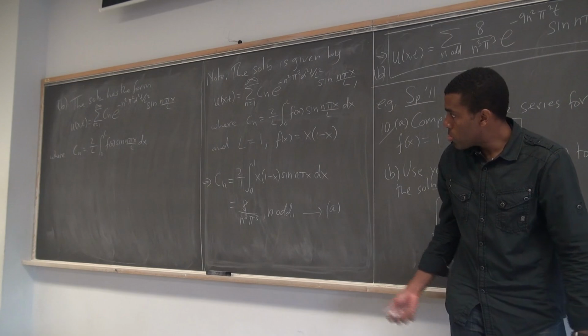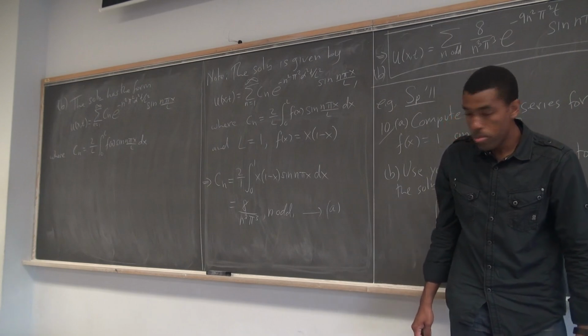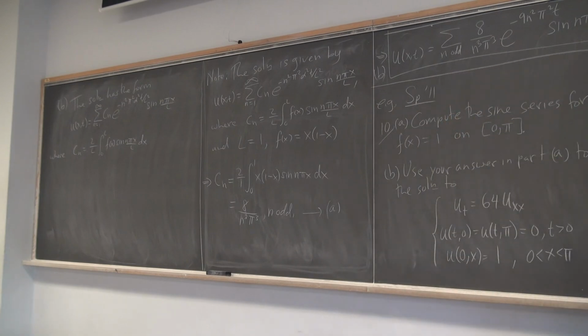This is equivalent to saying the sum of n from 1 to infinity of 4 over (2n minus 1) pi times sine of (2n minus 1) x.